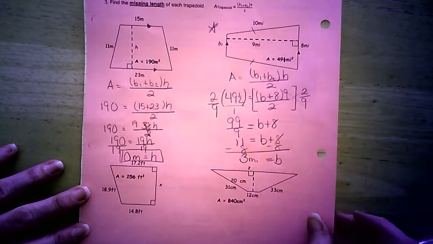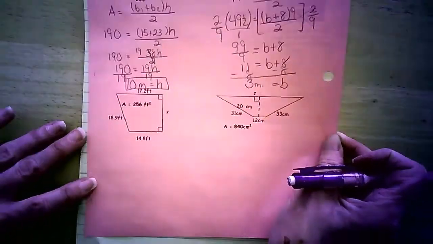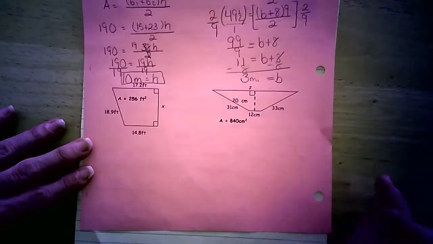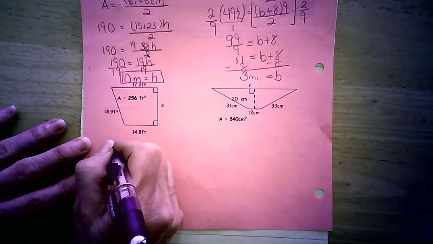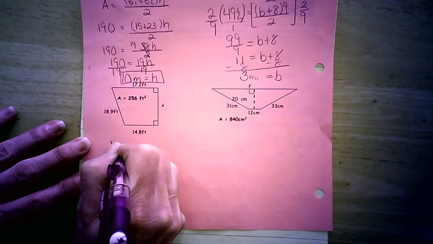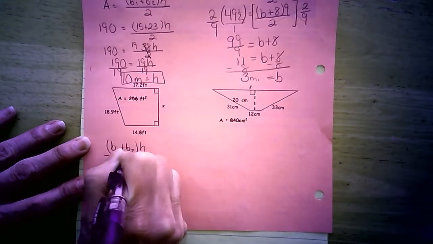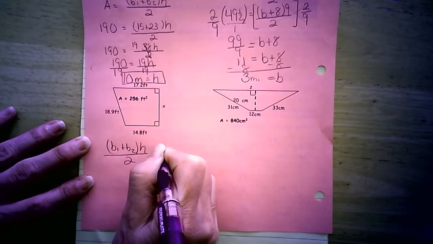So don't get intimidated. We got 2 to go, and I've got a nice little decimal here for the next one. So I'm going to start with my formula, base 1 plus base 2 times the height divided by 2 is equal to the area.